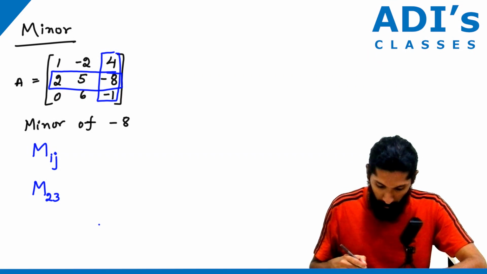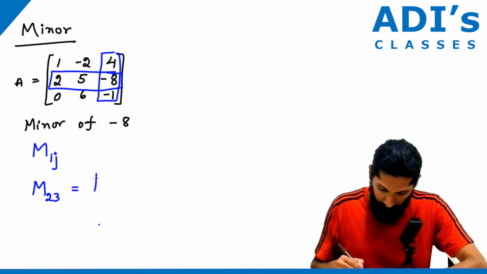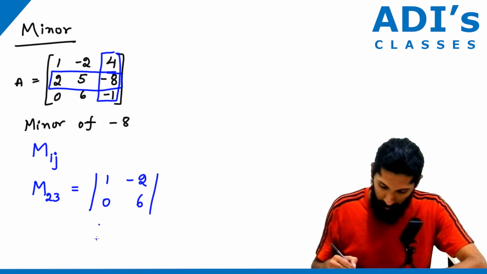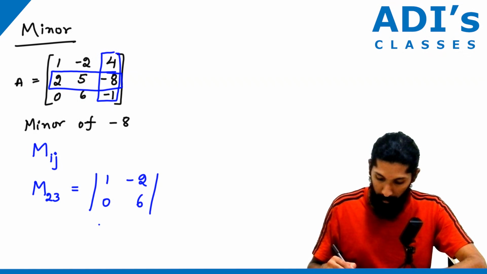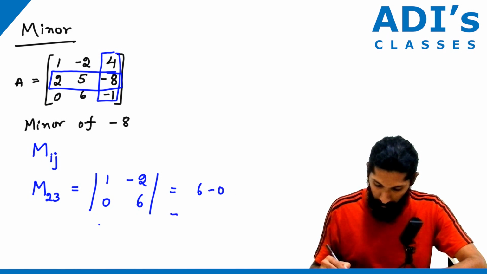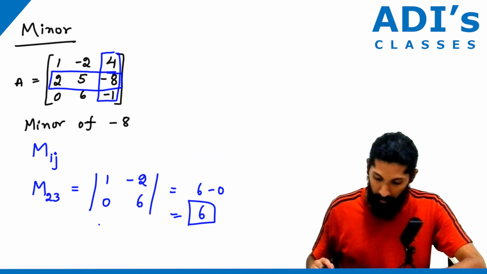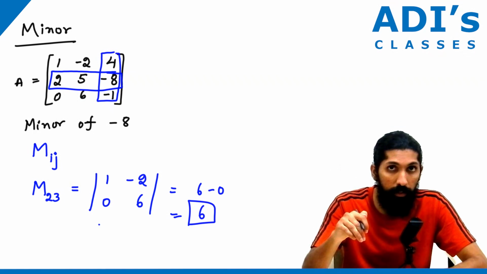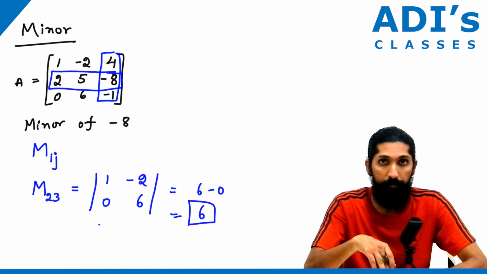This is going to become the determinant of 1, minus 2, 0, 6. You guys know how to calculate the determinant. So this gives you 6 minus 0, the value is 6.